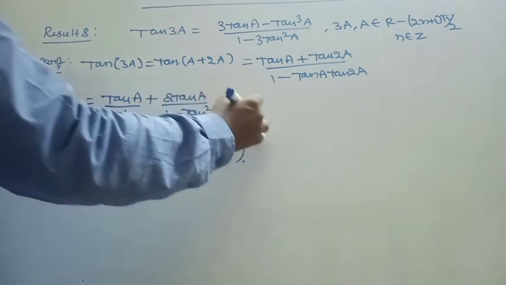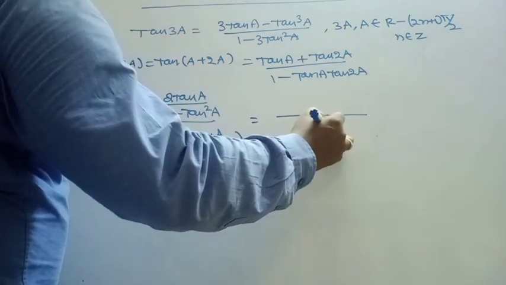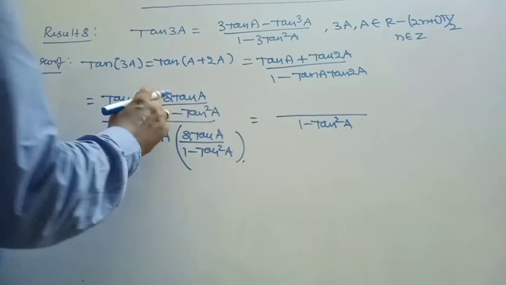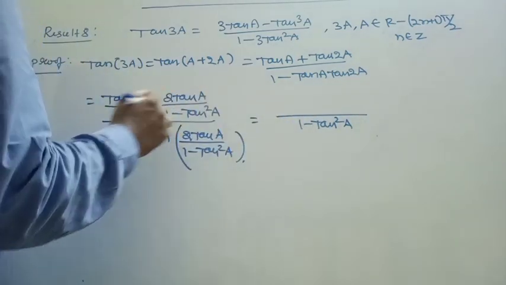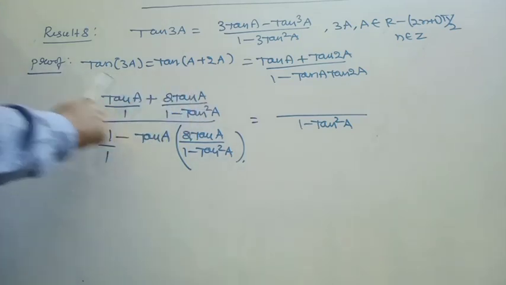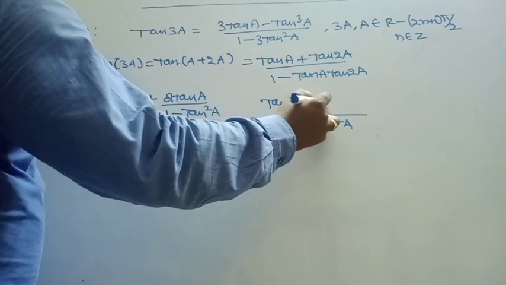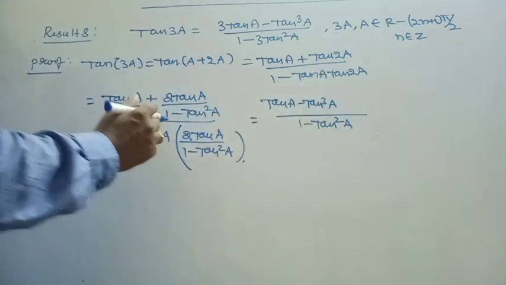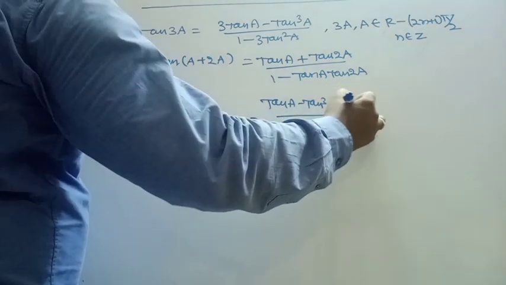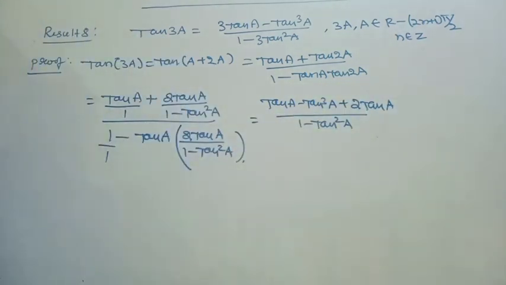You take LCM, like this. If you take LCM, here in the denominator you are having 1 minus tan square a. Here if it is multiplied with this, then directly (1 minus tan square a) into tan a, that is nothing but tan a minus tan cube a, plus 2 tan a, like this, plus 2 tan a.